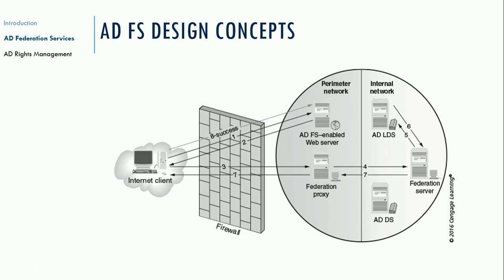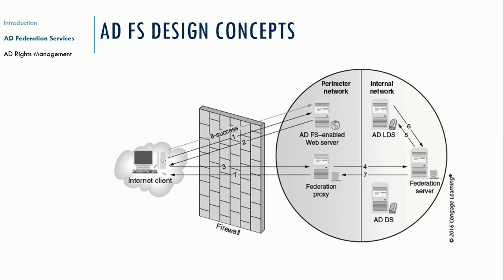So that's basically what we're doing here. We're shielding our internal network and our internal Active Directory or Lightweight Directory Services from the outside world by using a Federation proxy that's passing those requests into our Federation server on the inside, which is then using Active Directory to do authentication on the inside.